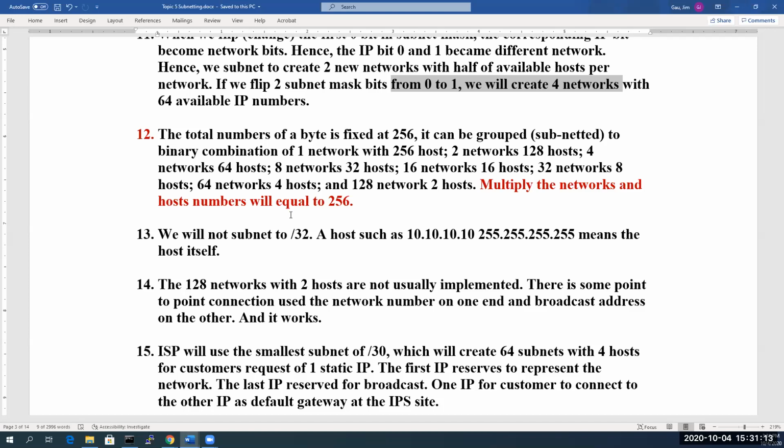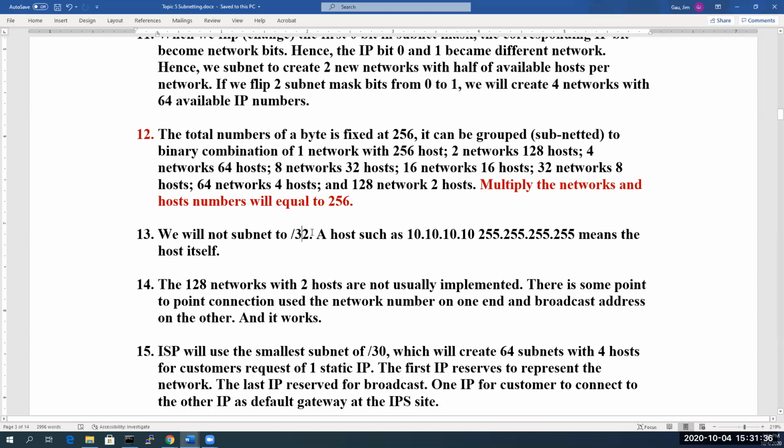Each one would have 2 to the power 5, 32 available hosts. So you multiply the 8 networks times 32, and it equals 256. Okay, so we want to look at that again and revisit this concept.